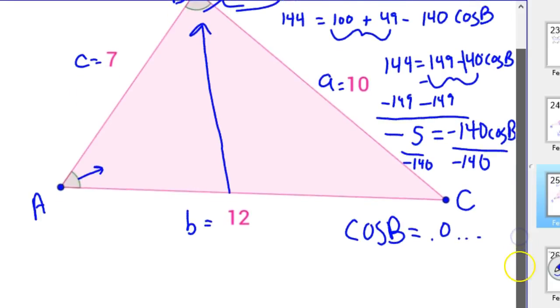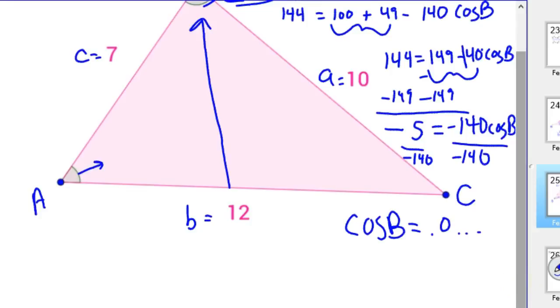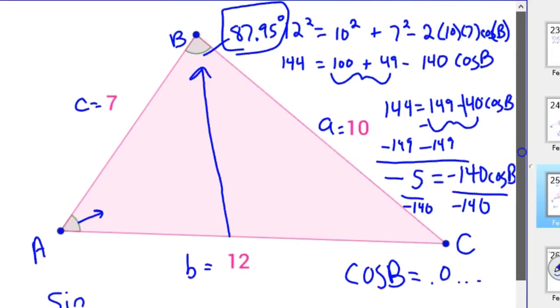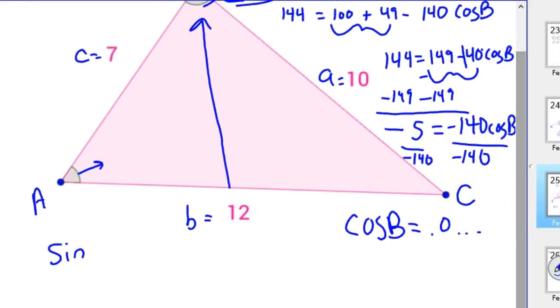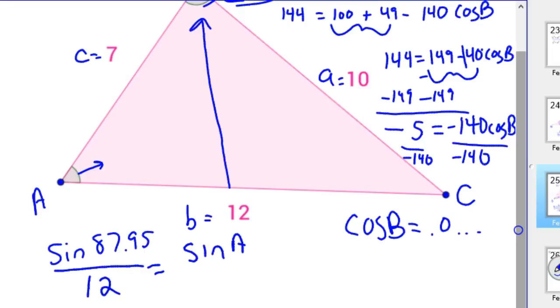So when we figure this one out, it would be sine of 87.95 over 12 equals sine of A, which we don't know, over 10.